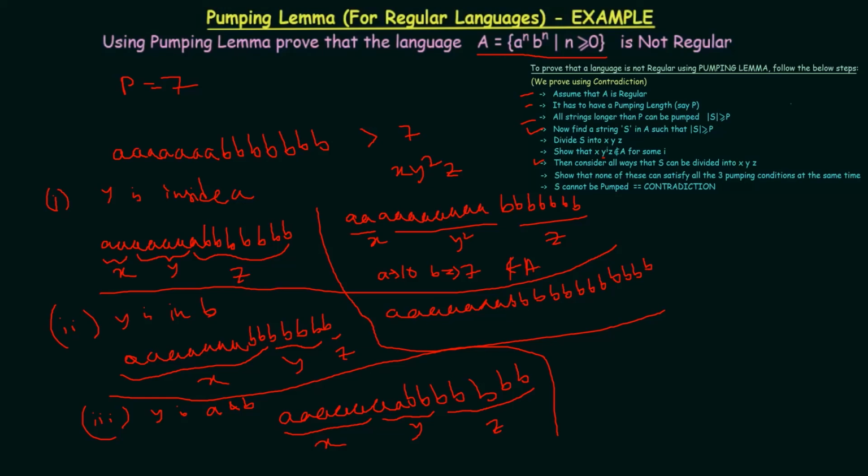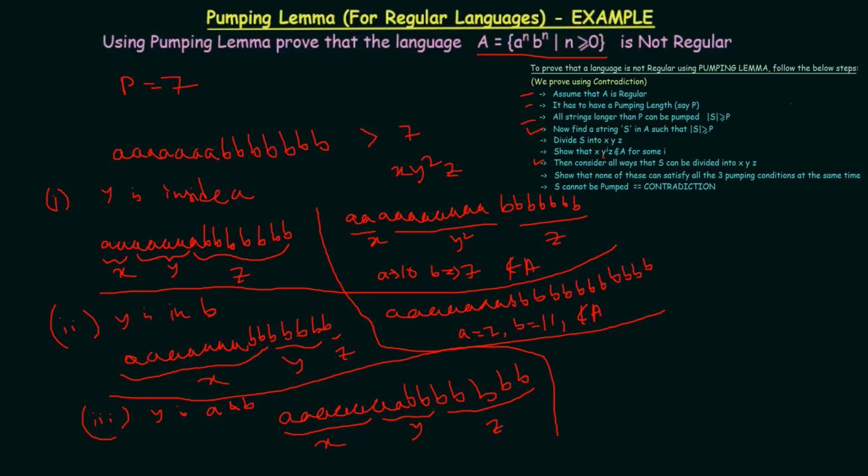So again here the number of a is 7, and the number of b is 8 plus 2 plus 1, so that means around 11. So again this doesn't belong to set A, because the number of a's and number of b's should be equal.